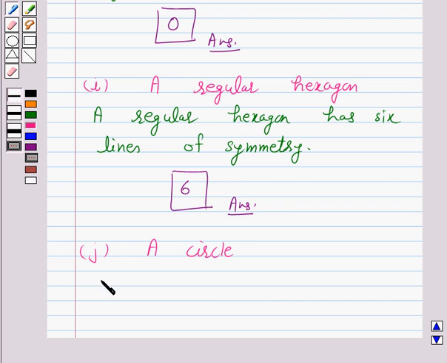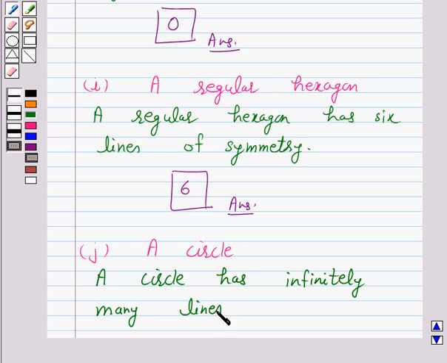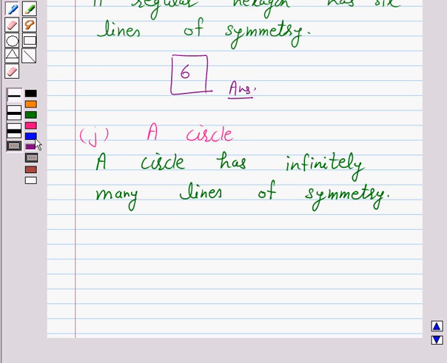Hence, a circle has infinitely many lines of symmetry. So the answer for this part is infinitely many.